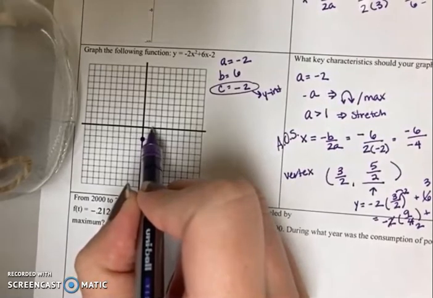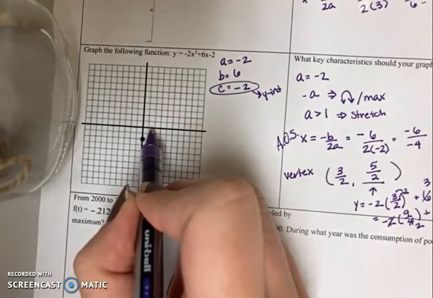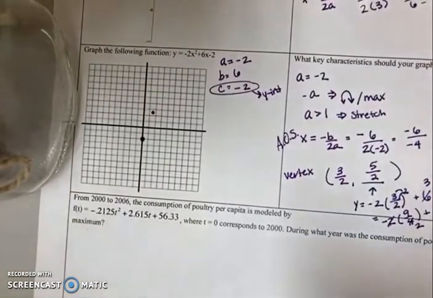That would be right here. And then we're going to go up 5 halves. That's equivalent to 2 and a half. So that would be right here. Right 1 1/2, up 2 1/2.